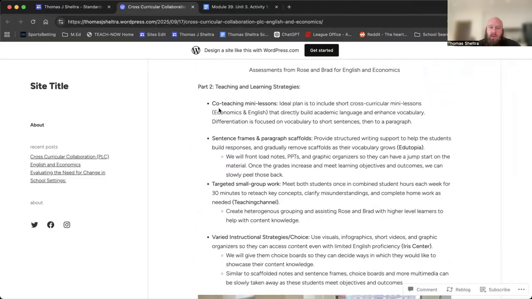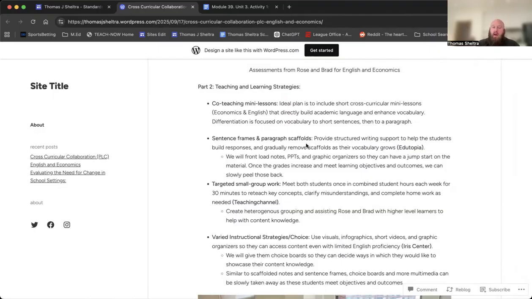So you see here, co-teaching mini lessons, bringing English into economics. I know that we always like to say that every teacher is an English teacher, but in specialty subjects like economics or sciences or maths, we can bridge those core subjects for English into our environment to help students when it comes to vocabulary or writing short sentences.